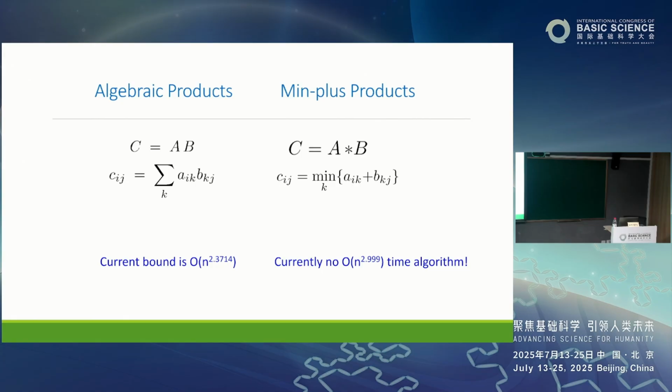If you look at it, it needs the inverse operation of this sum, but there's no inverse for minimum. So it looks like computing minimum is easier than computing sum or multiplication, but then we cannot use Strassen's divide and conquer approach.